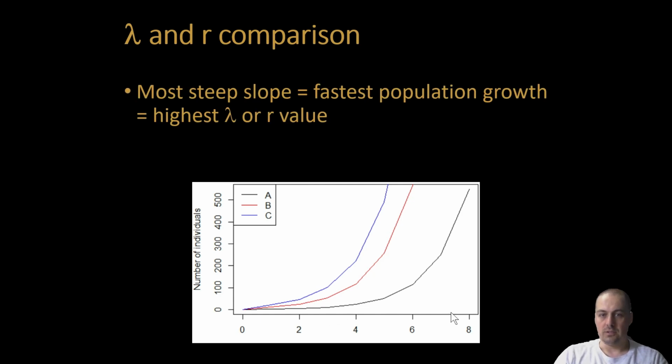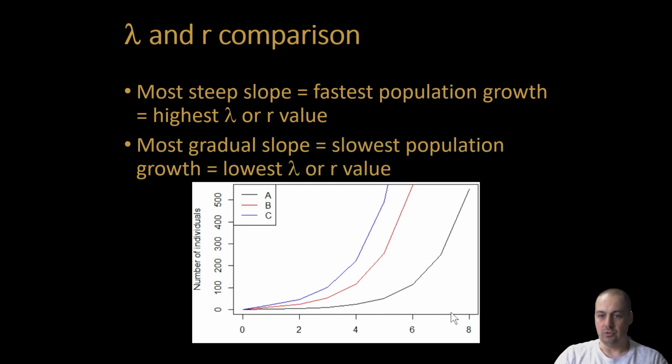And the opposite is also true. If you have a more gradual slope, your population is growing slower and your lambda or r value will be lower. So given this graph, you can actually have a general idea of your r or lambda values as well.